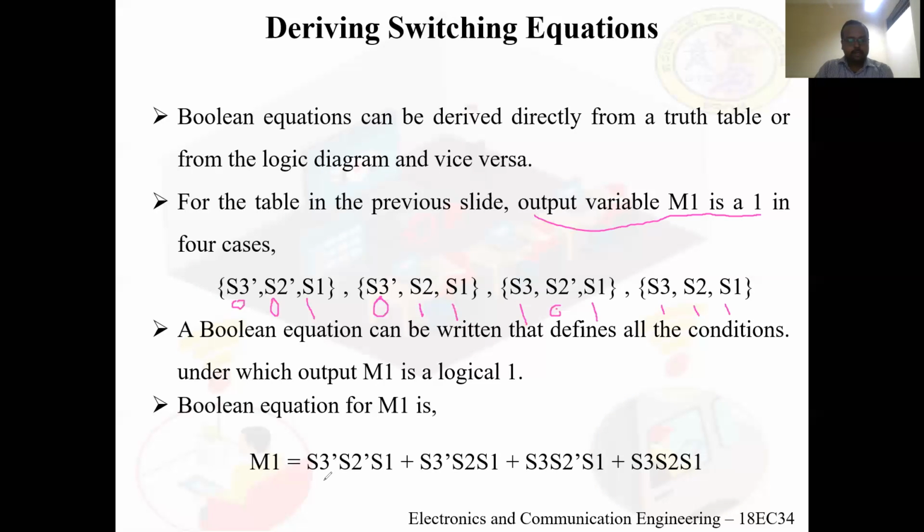You can write it as: for this combination, the output is equal to 1, for this combination, the output is 1, or for this combination, the output is 1, or for this input combination, the output is equal to 1. Right? Everyone understood how to come up with a switching equation looking at the truth table.